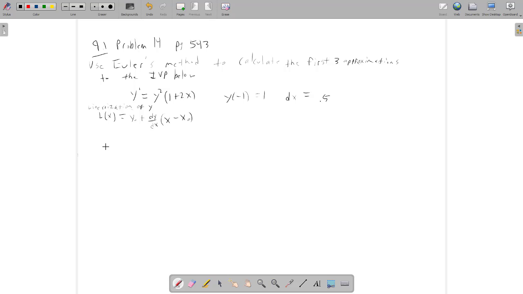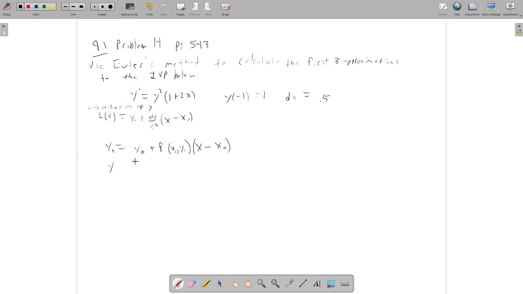In this case, though, we're going to calculate subsequent approximations. So our first approximation, we're going to take our point, our x1, y1 here. We're going to take our initial point, our y sub 0, and then add dy dx, which is actually just our differential function here, our f prime of x, y, plugging in our point, times x minus x naught.